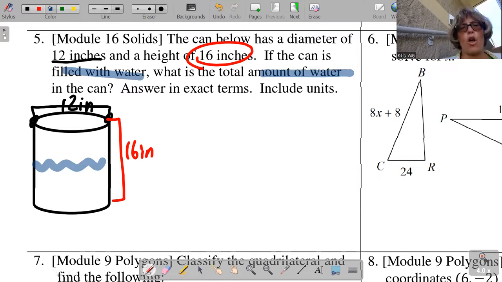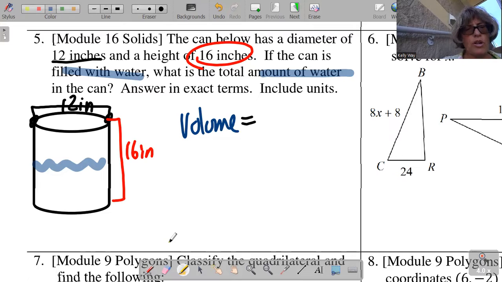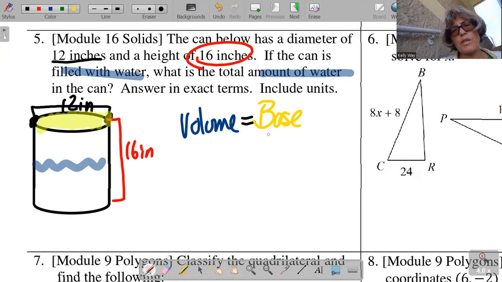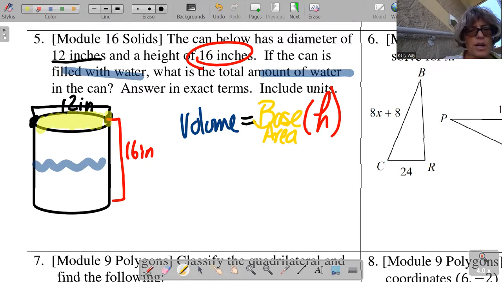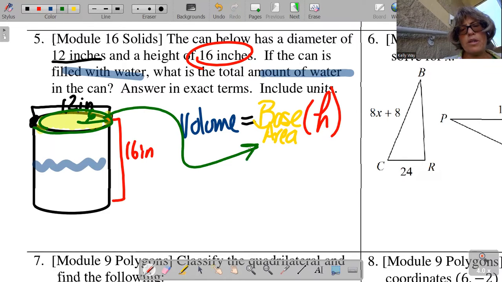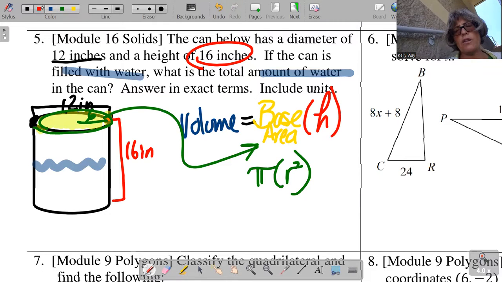That means this is a volume concept, and volume for a cylinder is the area of the base times the height. Your base area here is a circle. So our base area is pi radius squared times your height, which you have.